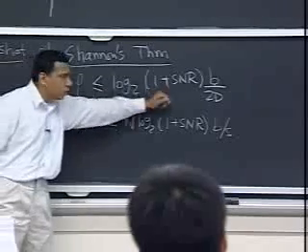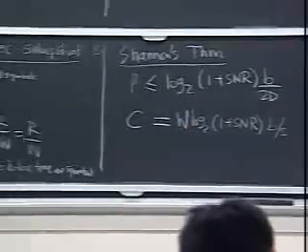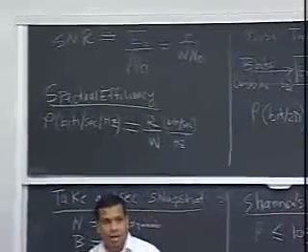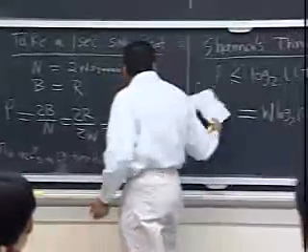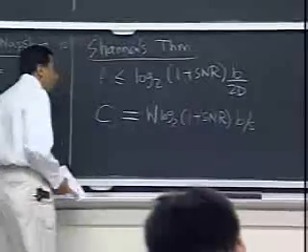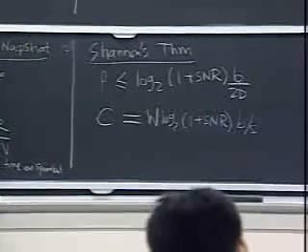One is the signal to noise ratio, which is P over N naught W, which is defined here. So the individual units of P and N naught don't matter. It's only the ratio of P over N naught that matters. And the second parameter is the bandwidth W that we have in the system. So signal to noise ratio and bandwidth are in some sense fundamental to the system.